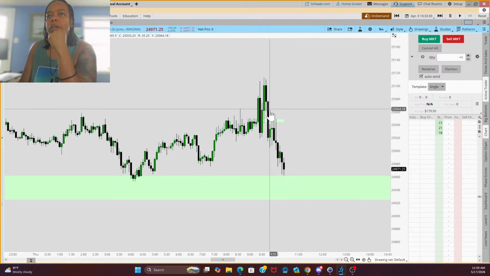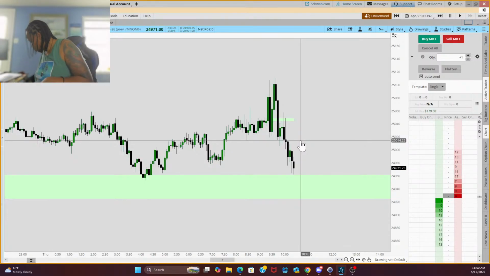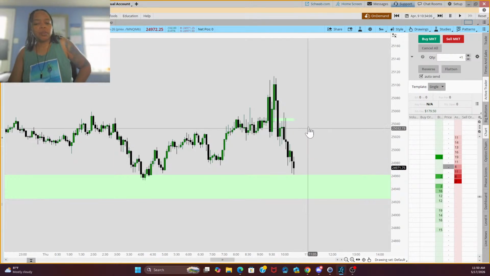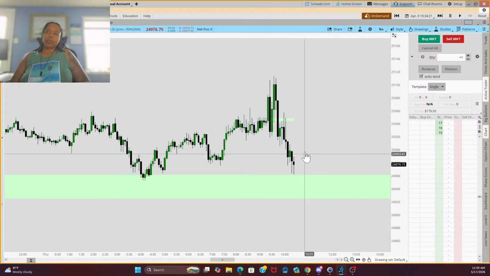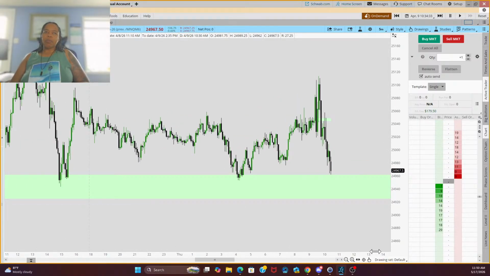Entry at the bottom here, stop up here. But I'm not going to fight a dual bias or concept for the day. I don't want to take the short. I want a long. I feel like I'll get more out of it.